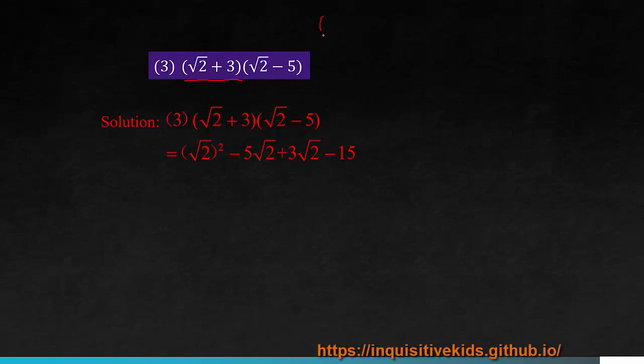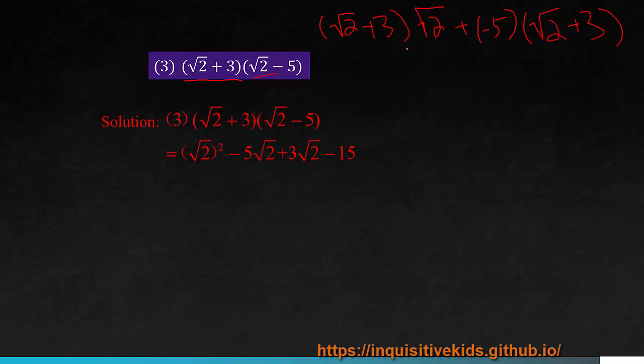So here we have the arithmetic square root of 2 plus 3 times this first term of the second polynomial, plus we have a negative 5 times the arithmetic square root of 2 plus 3. This is the whole we're going to be distributing.